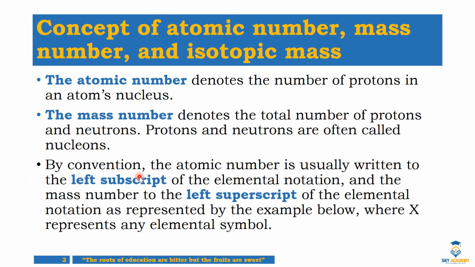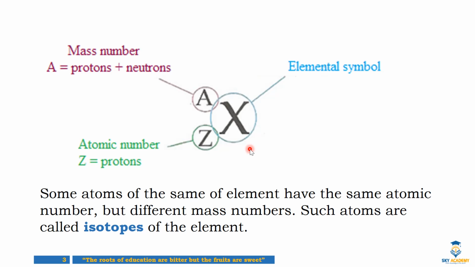By convention, the scientists sat together and confirmed that we shall write the element like this. That's why, for example, if you write calcium, we shall write like this, and then calcium atomic number is 20, and then the mass number is 40, and 20 here.